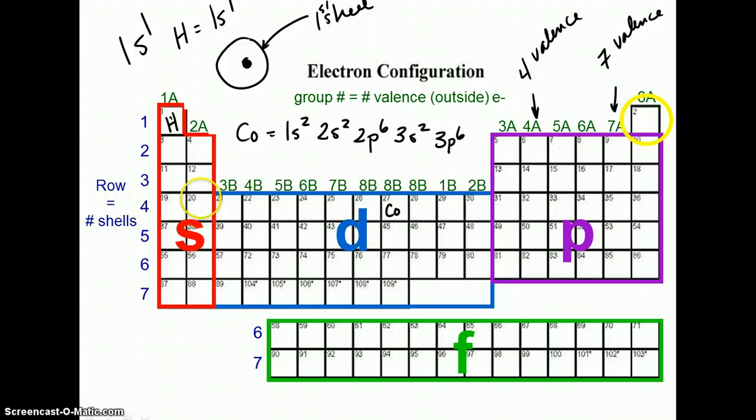Then next we're going to have 4s2. Then we have, in this case, 3d and 1, 2, 3, 4, 5, 6, 7. And this is the electron configuration for cobalt. That's where we're going to end it.